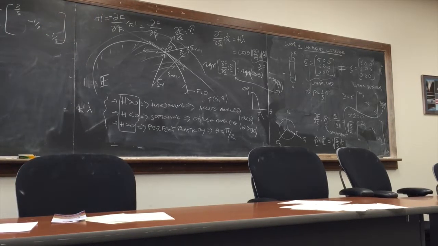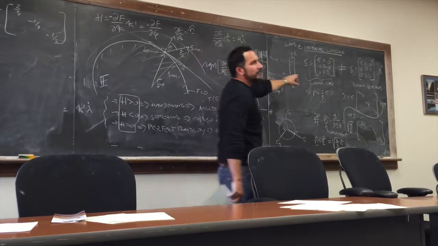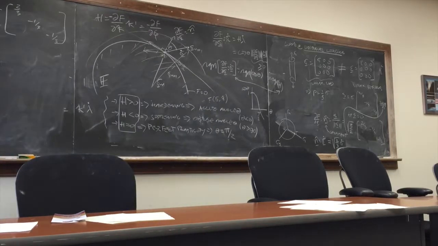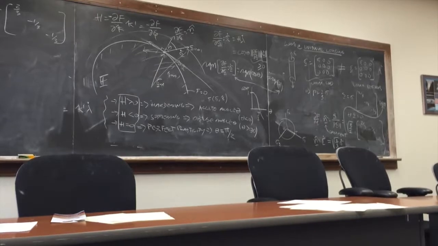So in the 1D uniaxial loading model, the only component of the plastic strain that exists when they speak of epsilon dot p, they're really thinking epsilon dot p 1,1. Okay? That's what the model means.